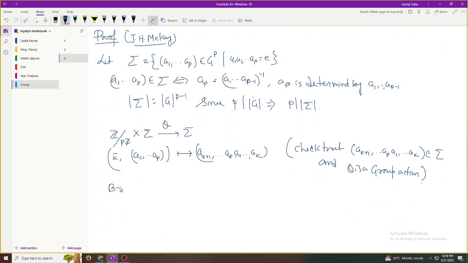So by the key lemma, the cardinal number of sigma is congruent to the cardinal number of sigma 0 mod p. Now what is sigma 0?